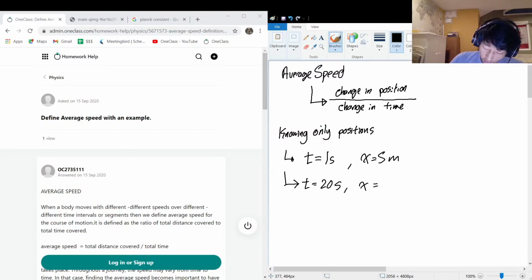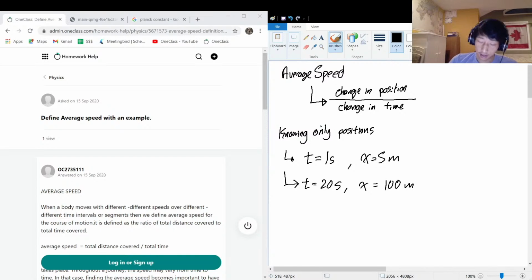So x equals 100 meters, and I got a head start. At time equals 0, I was at the starting line, and 1 second in, I was 5 meters in. 20 seconds later, I finished the race.